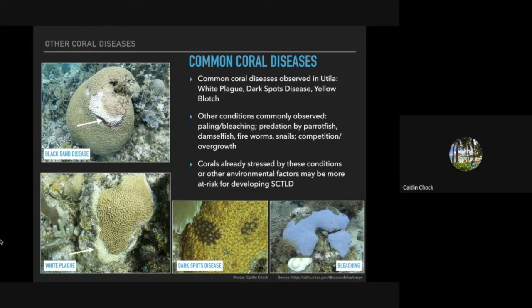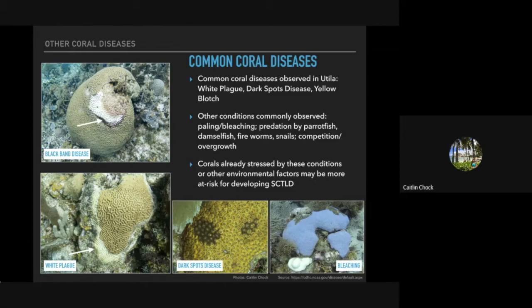So some common coral diseases we can see here in Utila: white plague, which does affect stony corals, as you can see in the bottom left-hand photo. Dark spots disease, as you can see in the middle, is pretty much how it sounds. You'll see dark spots on the coral. Yellow blotch, which I don't have a photo of, and I didn't say black band, that's on the top left.